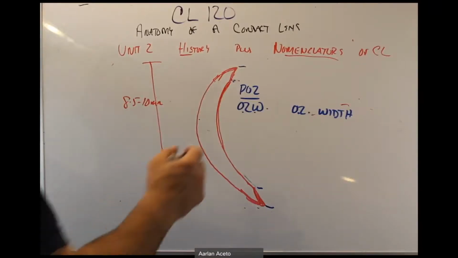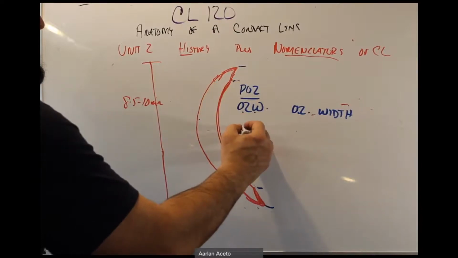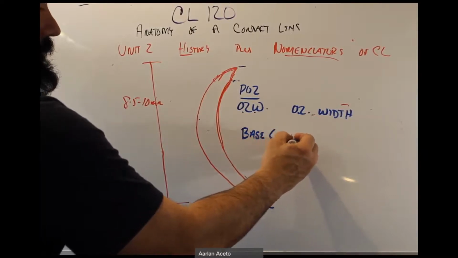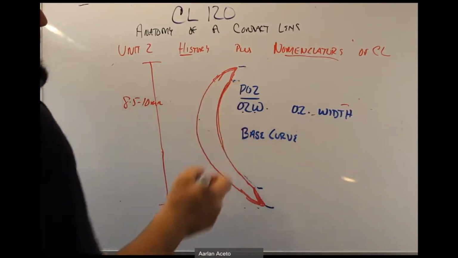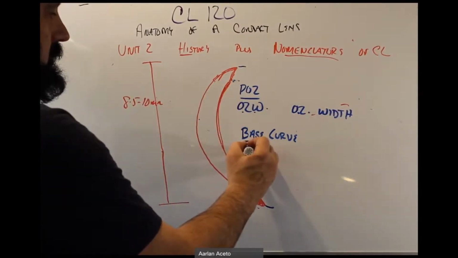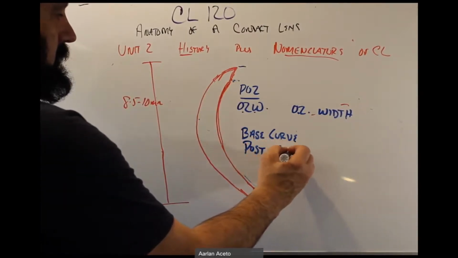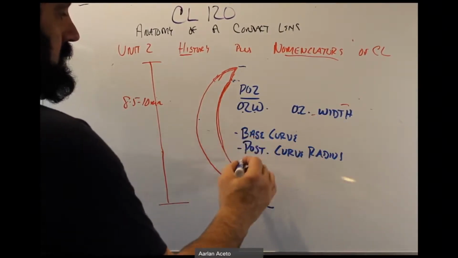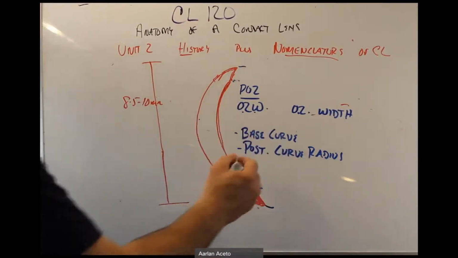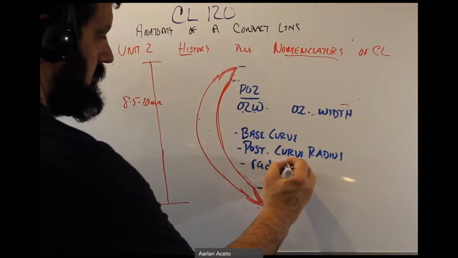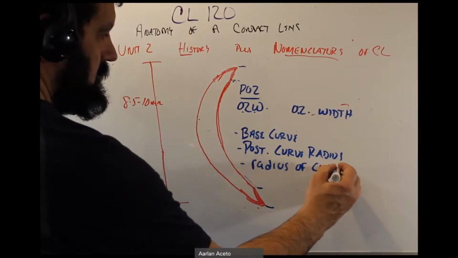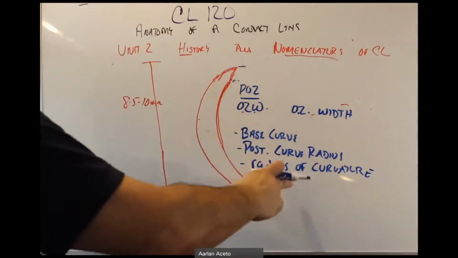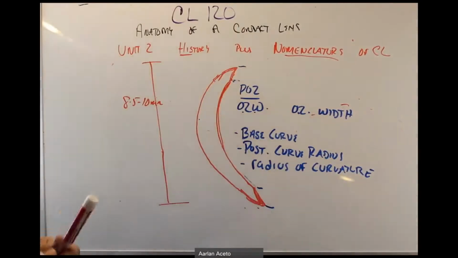And so either the base curve, or we can sometimes call it the posterior curve radius, or we'll sometimes just say what is the radius of curvature of this particular curve. And we'll get into what makes it steeper, what makes it flatter.